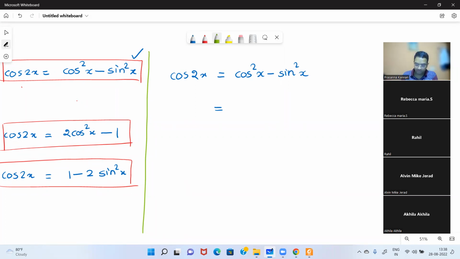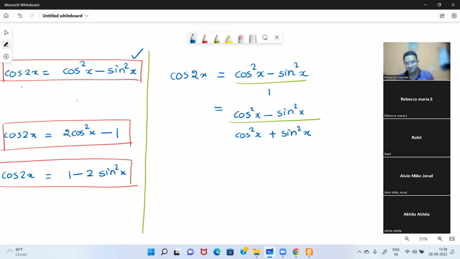Now what I'll do is, can I assume a 1 to be there here? And what can I replace that 1 with? Can I replace it with cos square x plus sin square x? Yes, because cos square x plus sin square x is also 1, right?